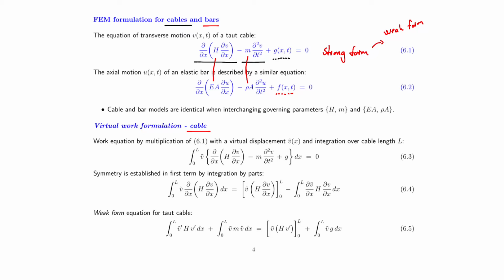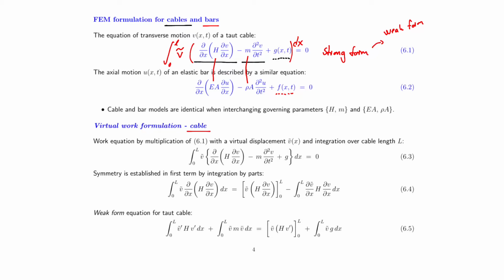So first we're going to multiply the left-hand side by a virtual test function. That will be v tilde, and then we're going to integrate the equation of motion, this work equation. We're going to integrate that over the length of the element.